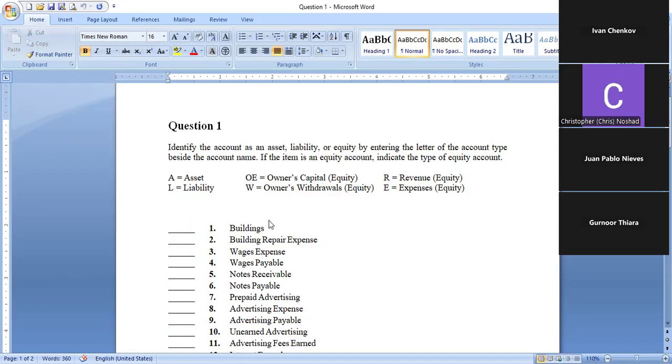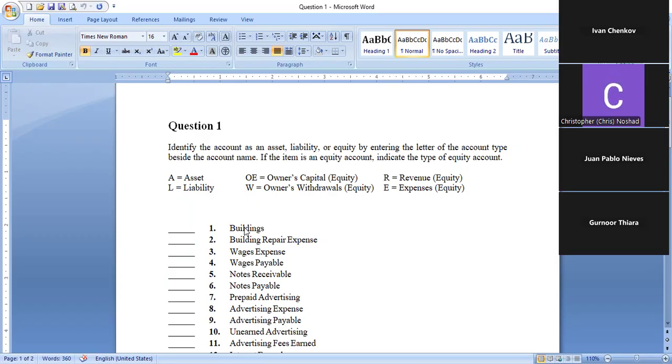Buildings. Those are the options you have: asset, liability, owner's equity, withdrawal, revenue, expense. What do you think building is? Assets. Any other suggestions? Only two people? Is there anyone who also wants to get involved in this discussion besides Vincent and Mo?